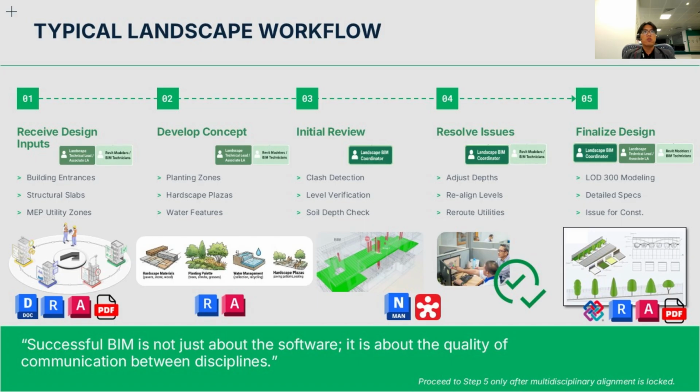So we have to make adjustments, like adjusting the depth, making a new design solution, or rearranging the level. Sometimes we can also request the other team, like the MEP team, to reroute the utility system.